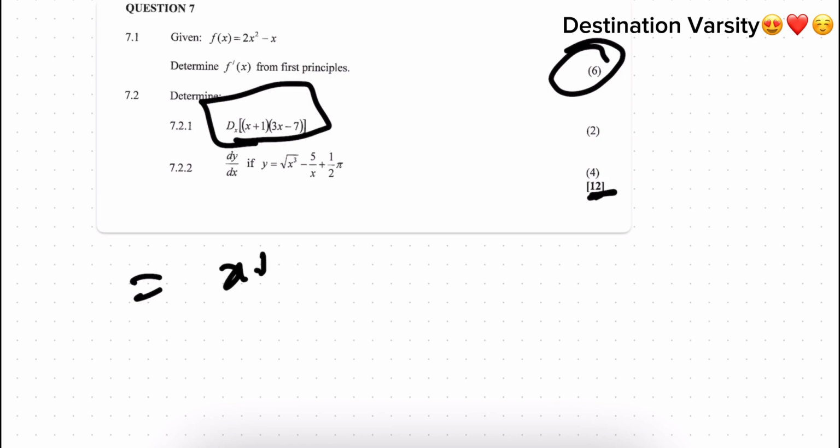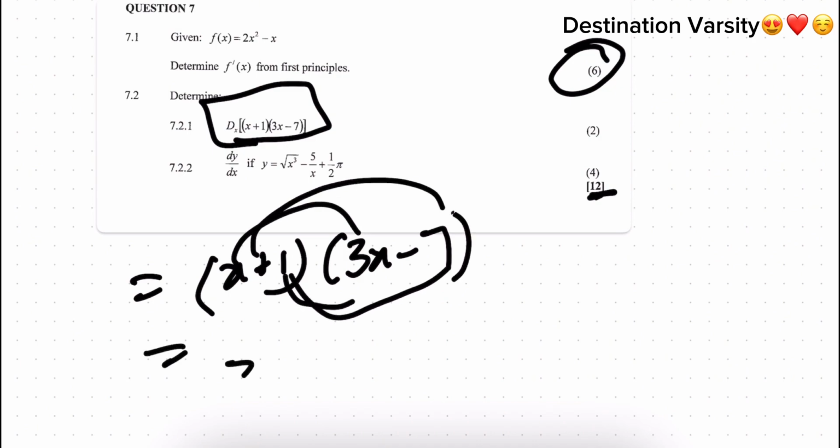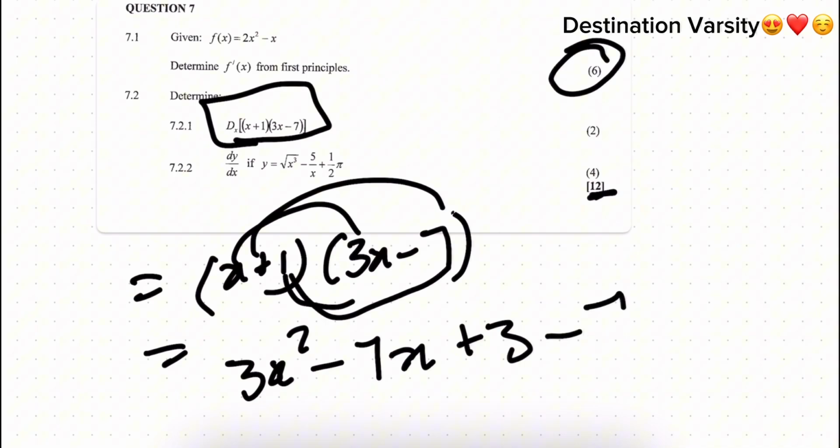Let me say x plus 1. I'm just expanding what is inside, 3x minus 7. That's for this times this times this. It's going to be 3x squared minus 7x plus 3 minus 7 plus 3x minus 7.